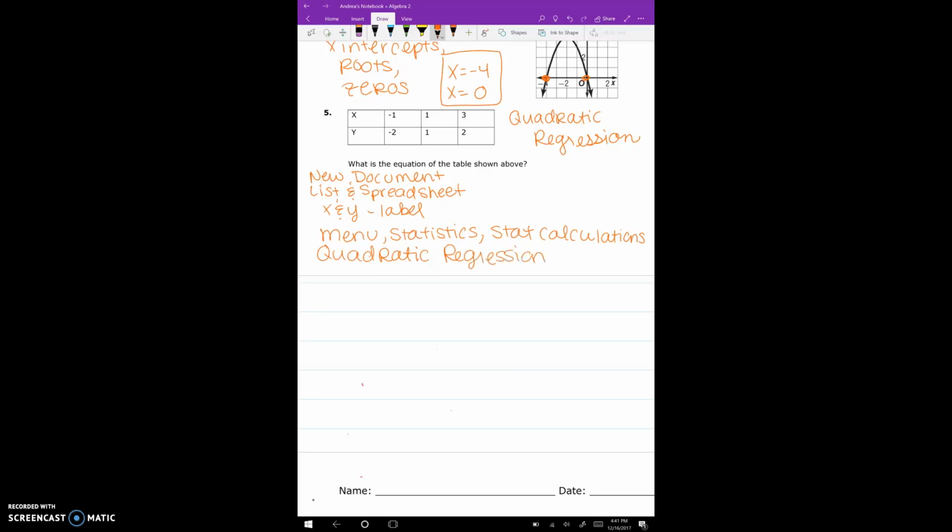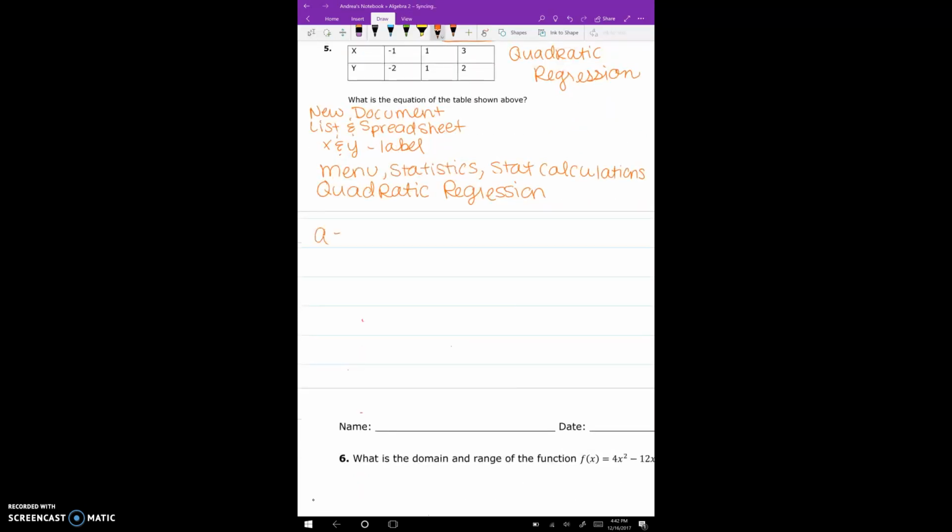So this is menu 4-1-6 in your calculator. Change the X list, change the Y list, and then it'll give you A, B, and C. On this one, A is equal to -0.25, B is 1.5, and then C is -0.25.